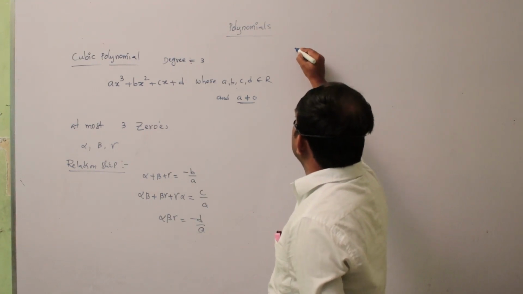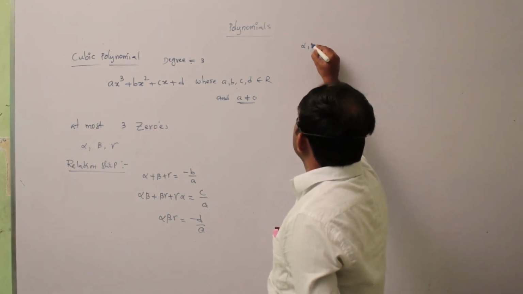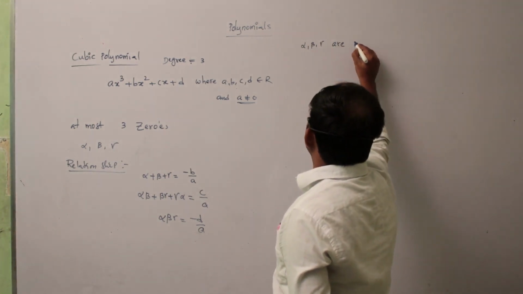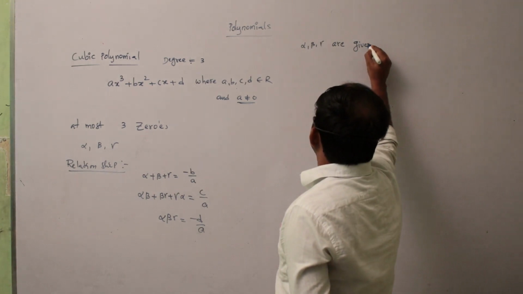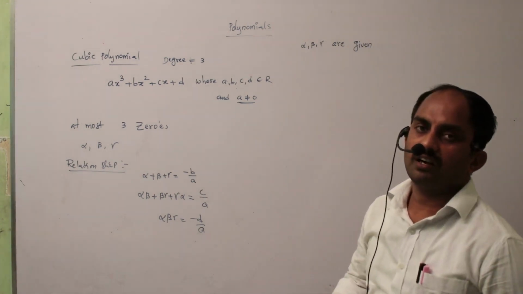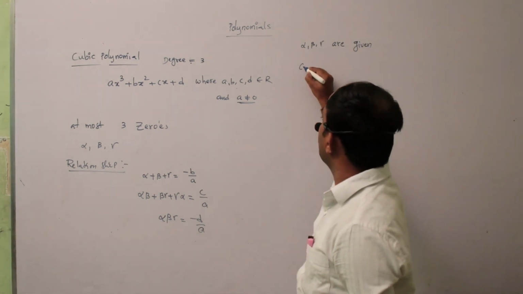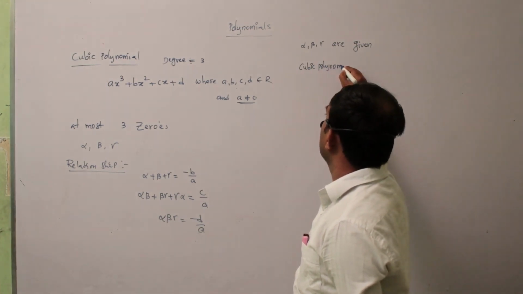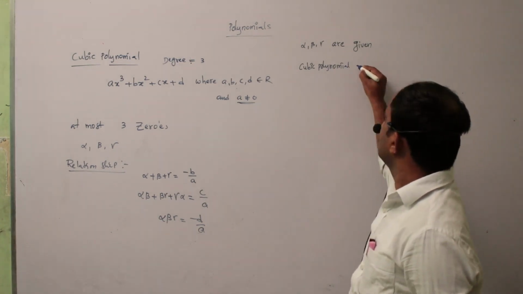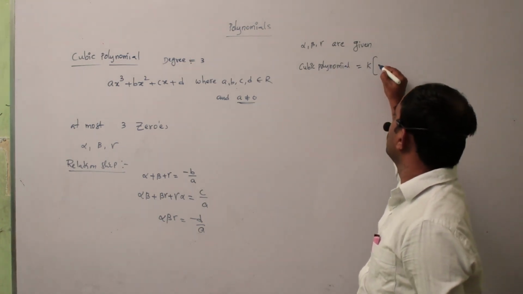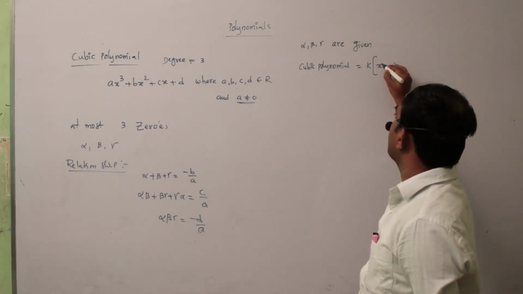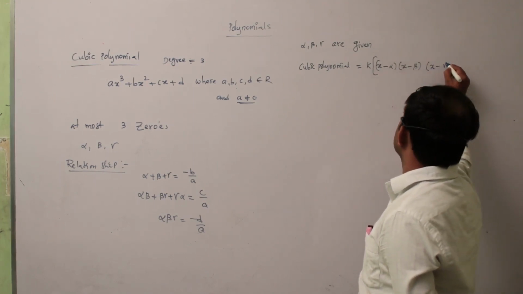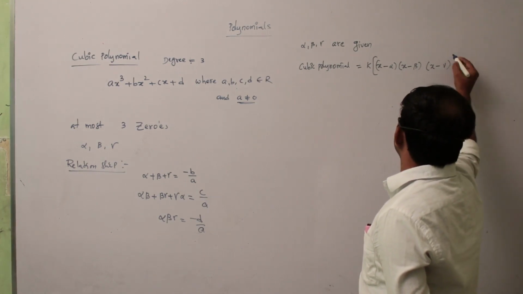Same here also. The zeros alpha, beta, gamma are given and they are asking for the cubic polynomial. So the formula is k into x minus alpha into x minus beta into x minus gamma.